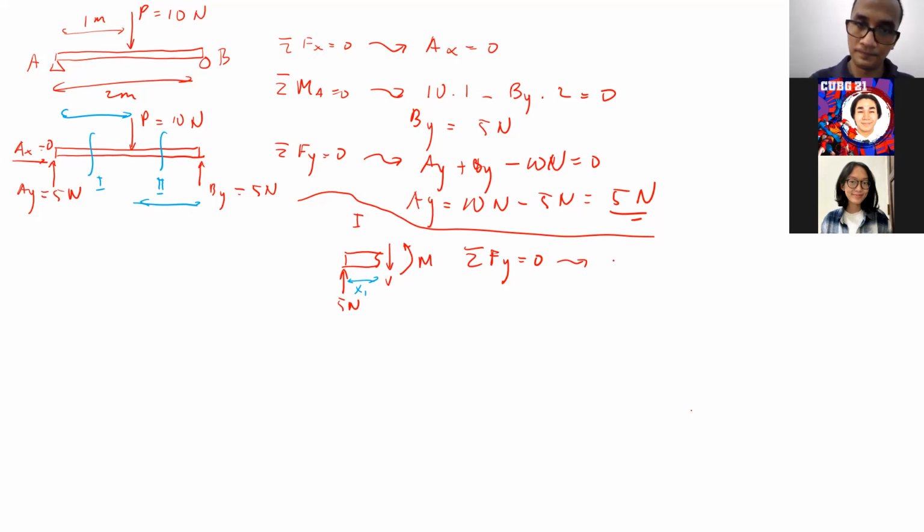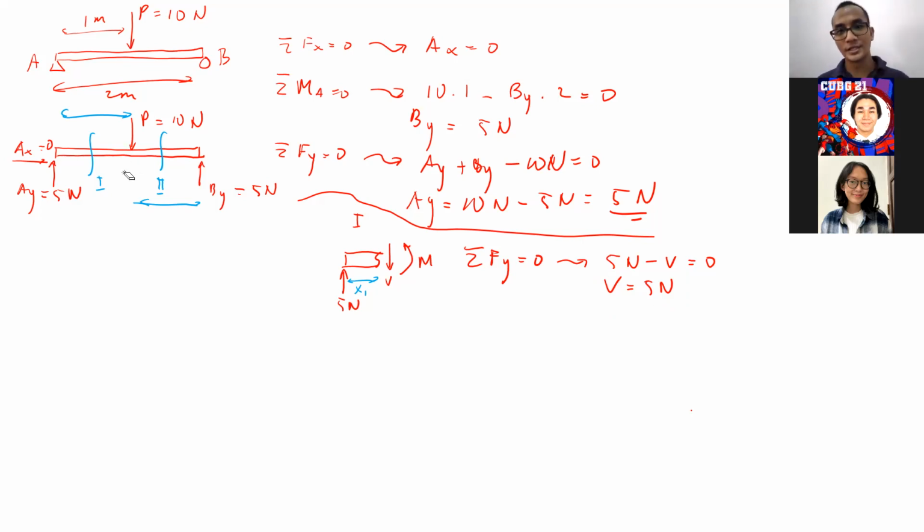Then we would have 5 Newton minus the shear force V equals 0. So V is equal to 5 Newton. Although there is nothing there, there is no equation there. It's constant. It means it's still okay because the equation here is constant. So the value of V will be a constant 5 Newton from the left edge until this particular point, until P.